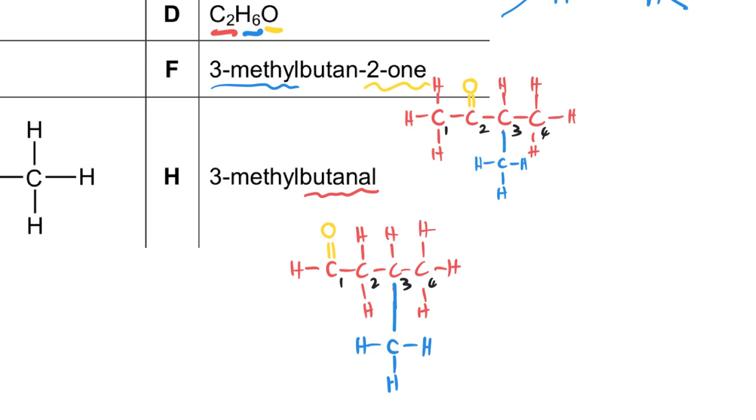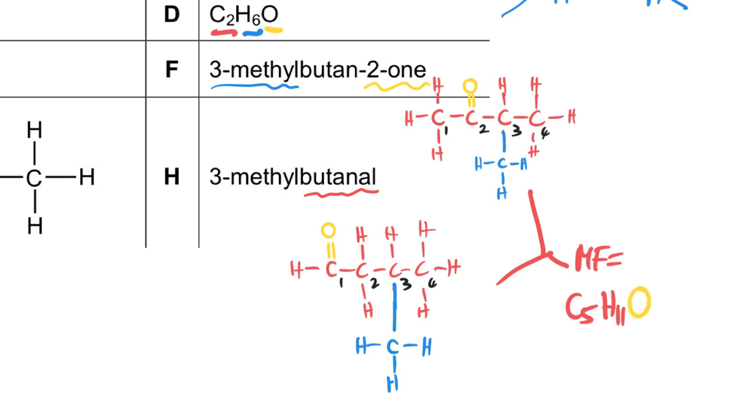Each of them have got 5 carbons, and they've got the same amount of hydrogen. So each of these would have a molecular formula of C5, hydrogens 1, 2, 3, 4, 5, 6, 7, 8, 9, 10, 11. So it's H11, and then 1 oxygen.